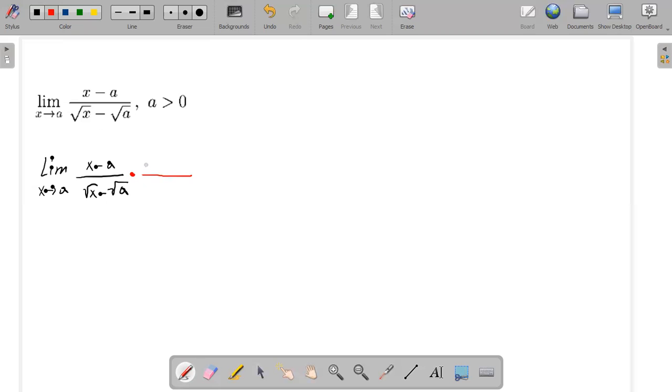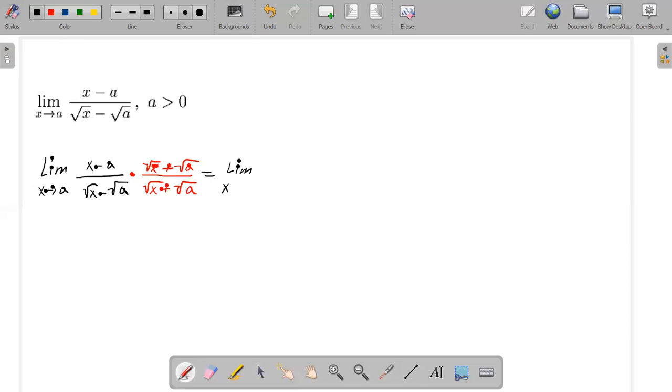Okay, then the conjugate of the denominator is square root of x plus square root of a, and the numerator is multiplied by square root of x plus square root of a also. Okay, then what will we have?